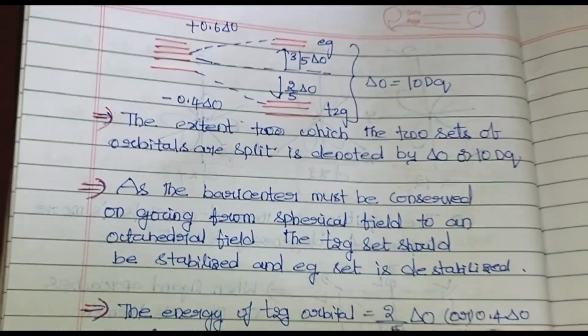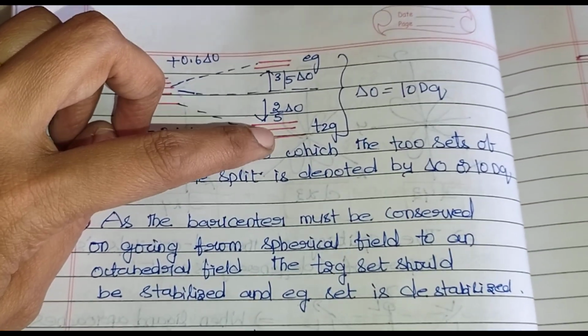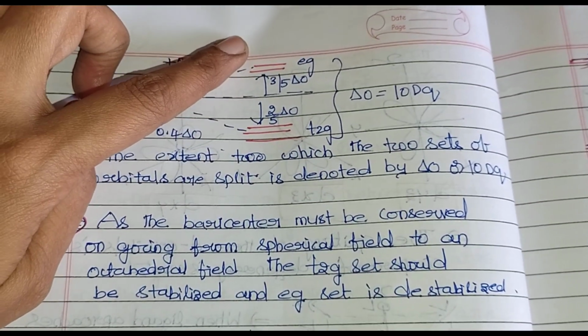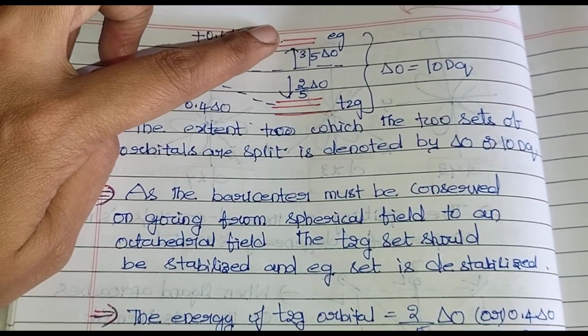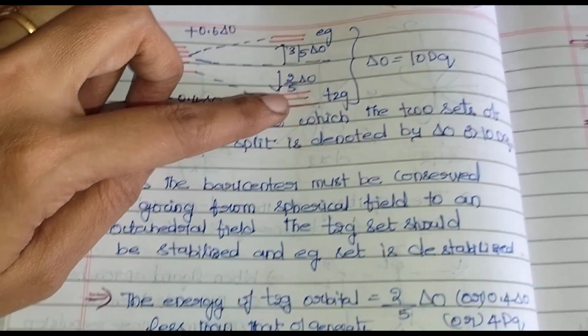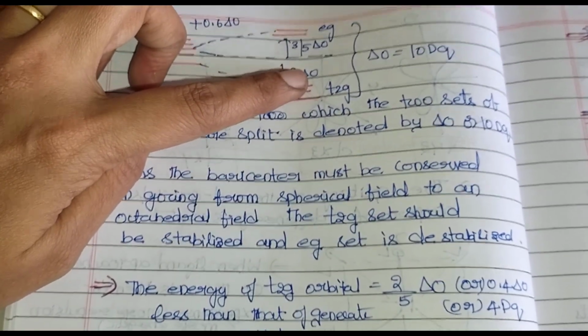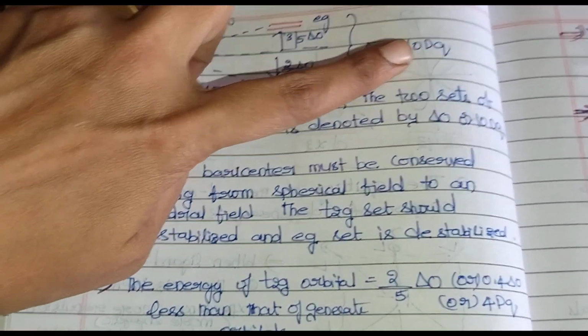It should be conserved so that the T2g set is stabilized and the Eg set is destabilized. So the energy of T2g is 2 by 5 of delta 0, where delta 0 is equal to 10 Dq.